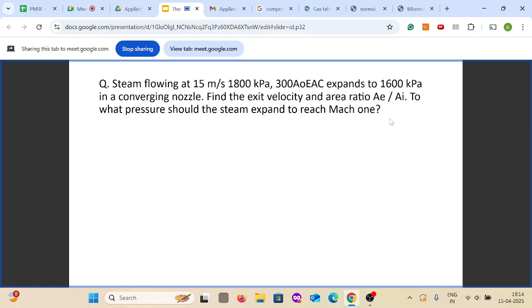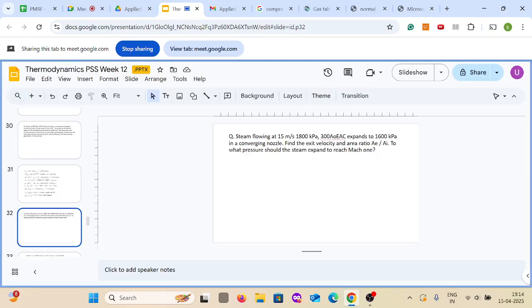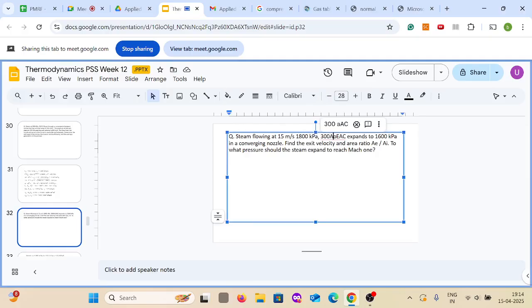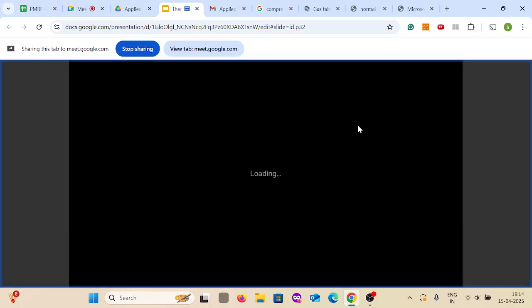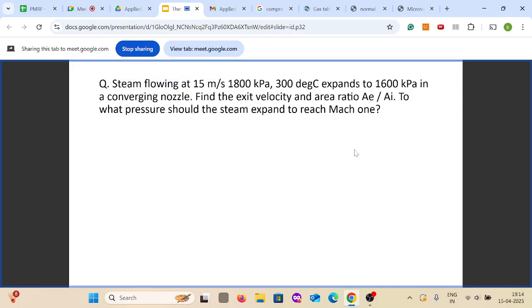So next question is steam flowing at 15 meters per second and 1800 kilopascal and 300 degrees Celsius, expands to 1600 kilopascal in a converging nozzle.